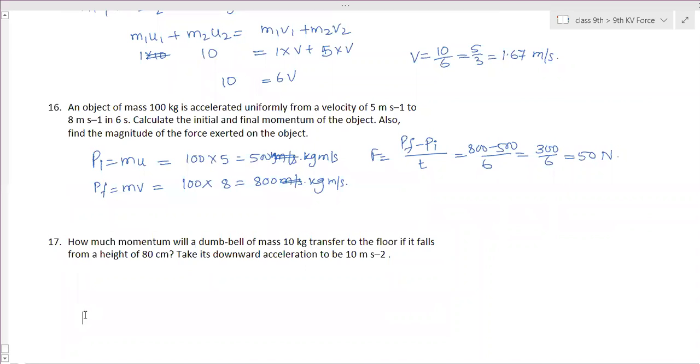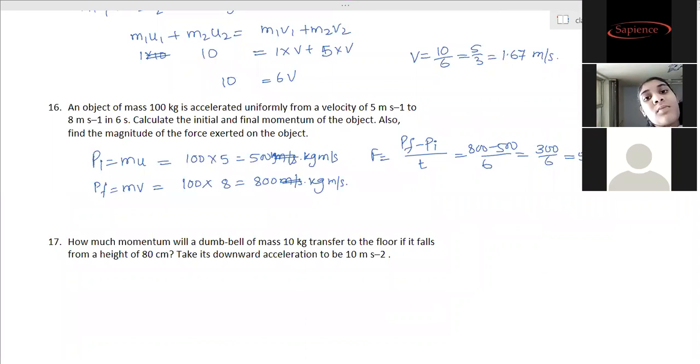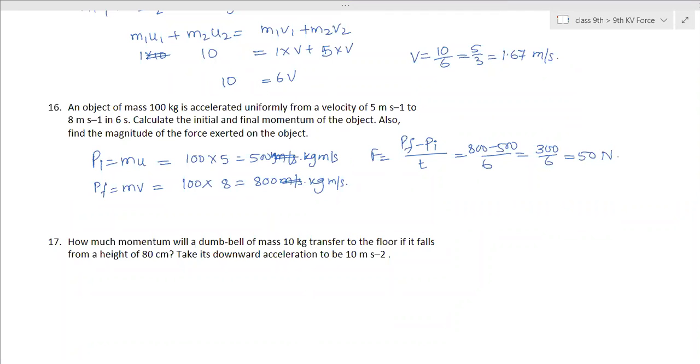Ma'am, velocity is 4 meter per second. And momentum is 40 kg meter per second.